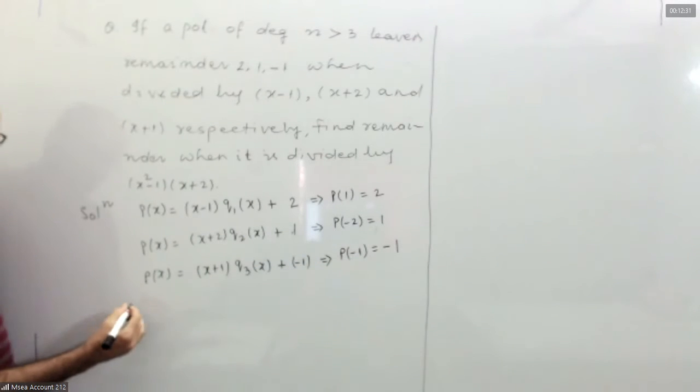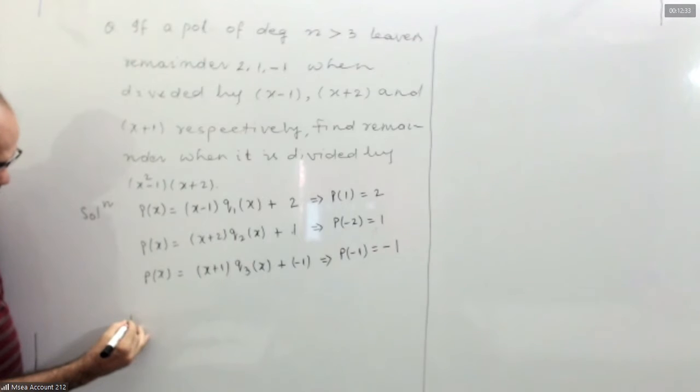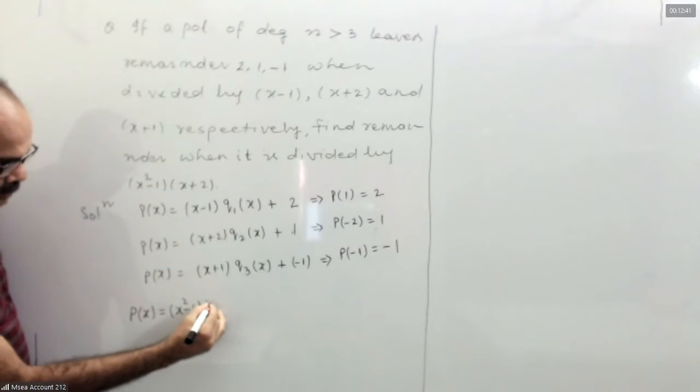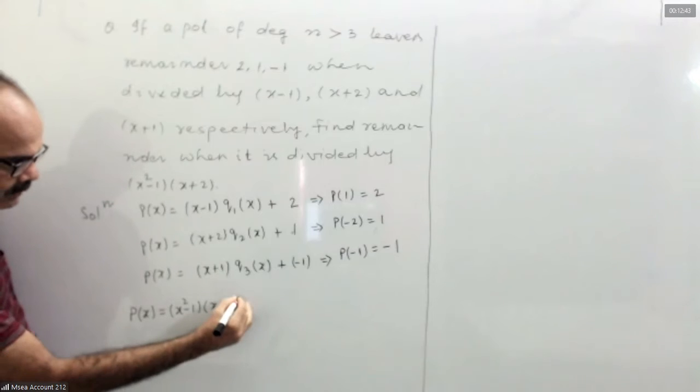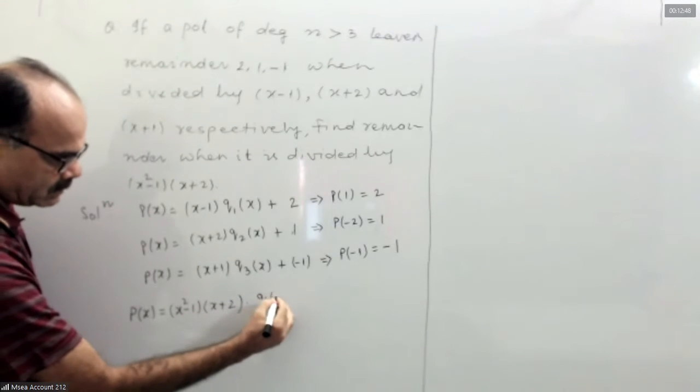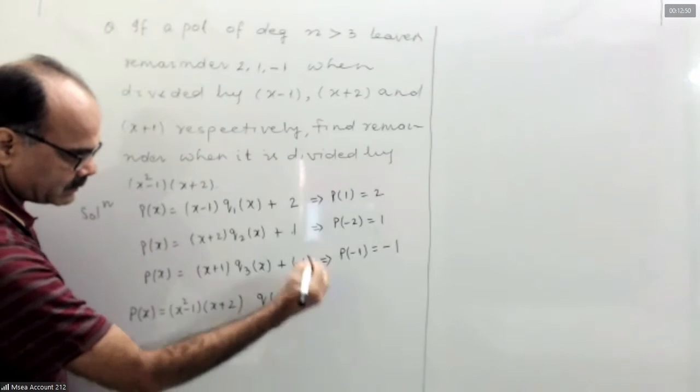Now, the same polynomial, if I divide by a cubic polynomial, (x square minus 1) into (x plus 2), there will be some quotient plus remainder.